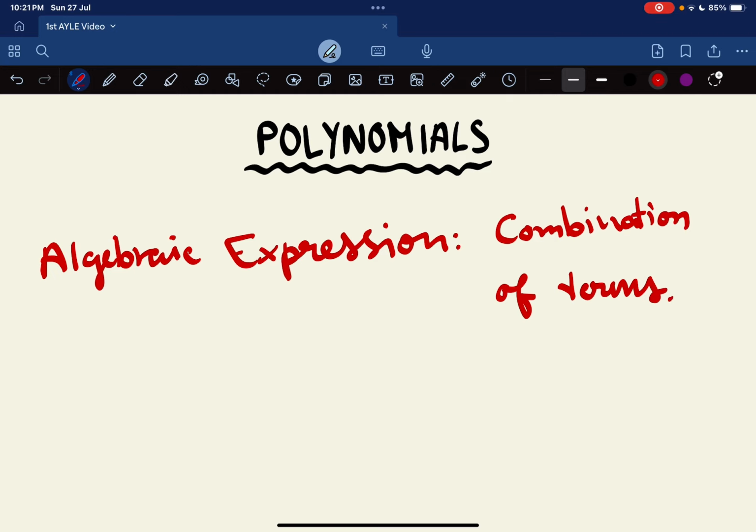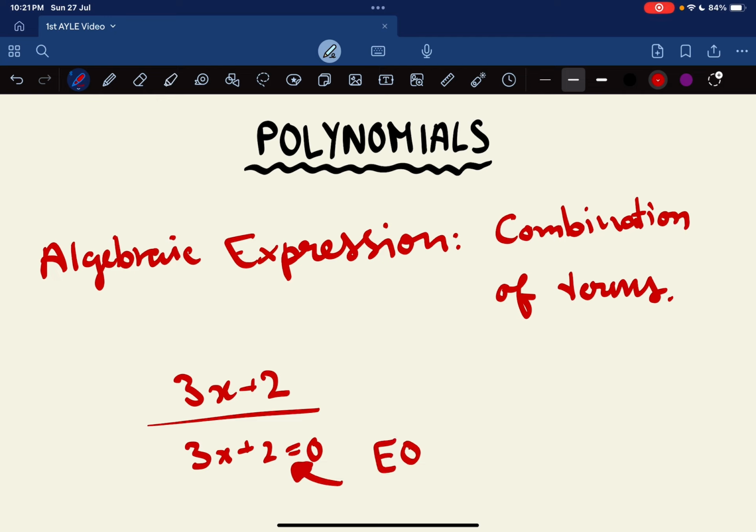So, let's say 3x plus 2. This is an algebraic expression. But something that is not an algebraic expression is 3x plus 2 is equal to 0. Why? Because this equal sign right there makes it an equation. So that's something you might want to remember. Equation with the EQ, which is for the equal sign, that has the equal sign.